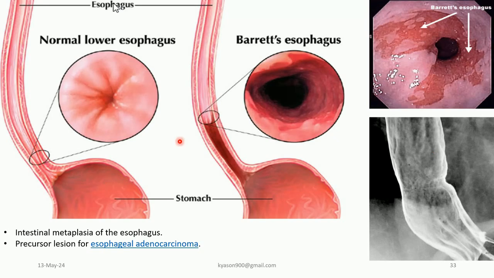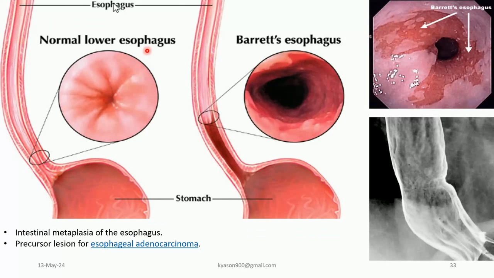Also, long-standing cases of GERD can result in erosion of the esophageal mucosa. As I told you, that mucosa can be eroded and be replaced by the stomach mucosa, the gastric mucosa. We say that the esophagus is lined by stratified squamous epithelium, and the stomach is lined by simple columnar epithelium.